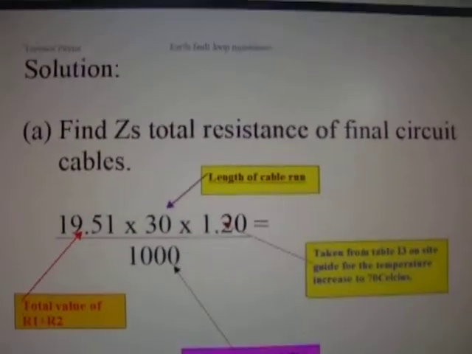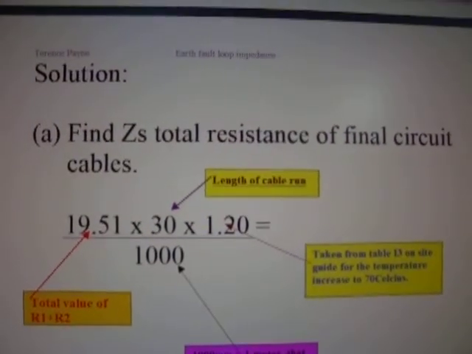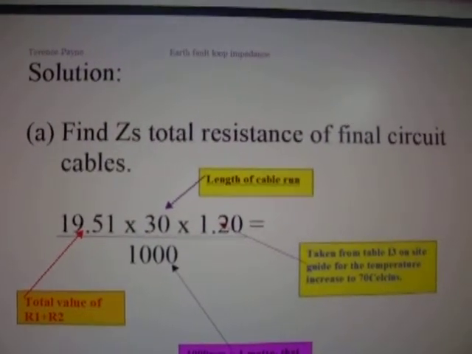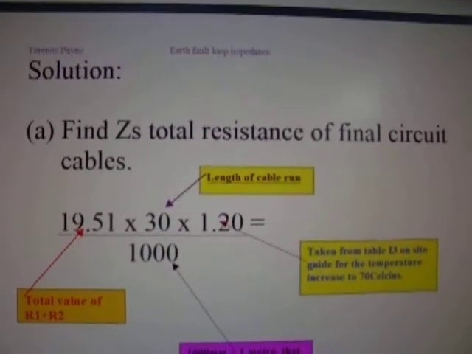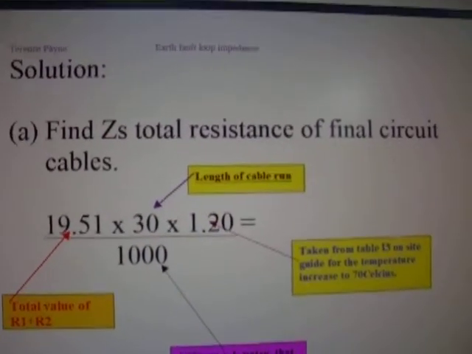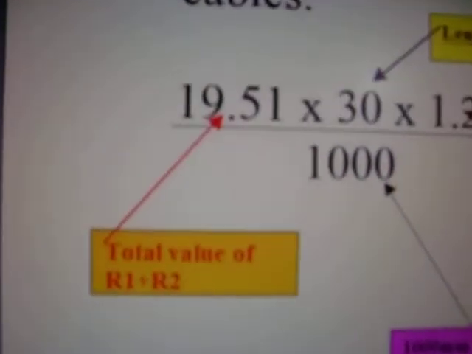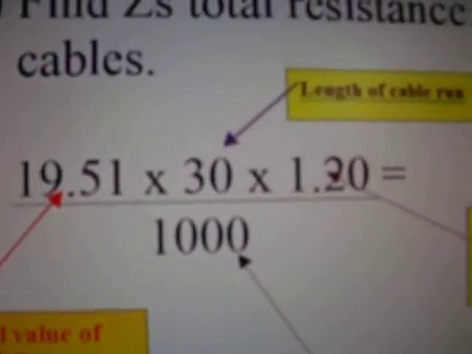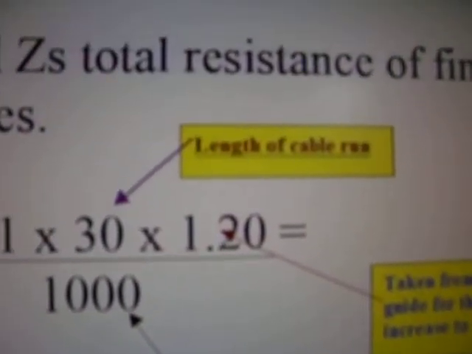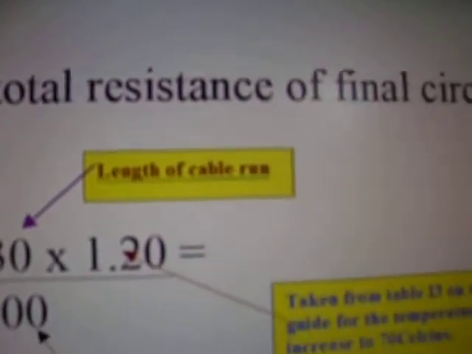Now, solution. All I've done here is to give you: find ZS, total resistance of final circuit cables, and I've purely told you here what these things are.